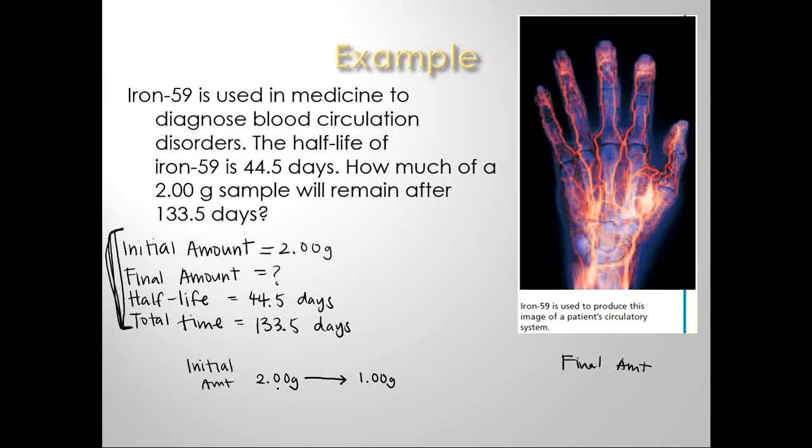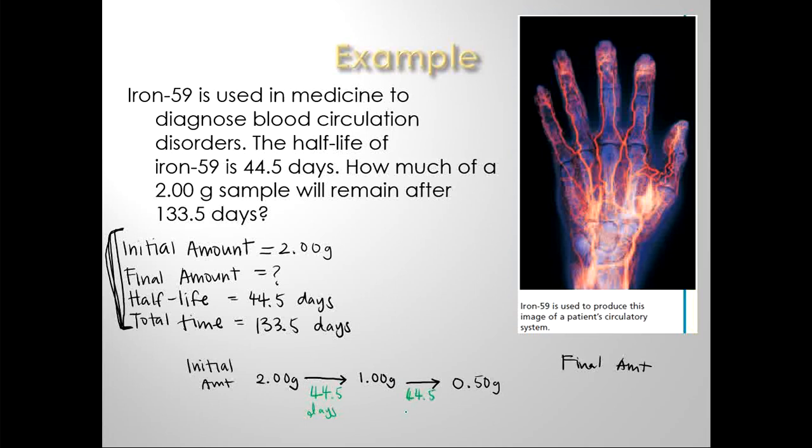Now the time it took for it to go from 2 grams to 1 gram is 44.5 days. We're trying to figure out how much will remain after 133.5 days, so we want to go through another half-life. Half of 1 is 0.5 grams. This took another 44.5 days.